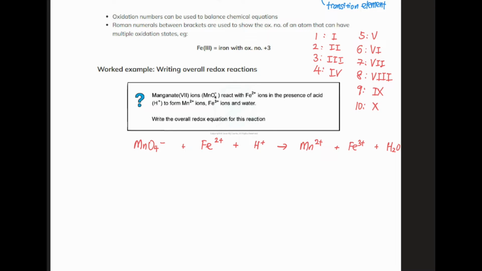Okay, so these are what they give, and the equation is not balanced yet, so we need to balance the equation.